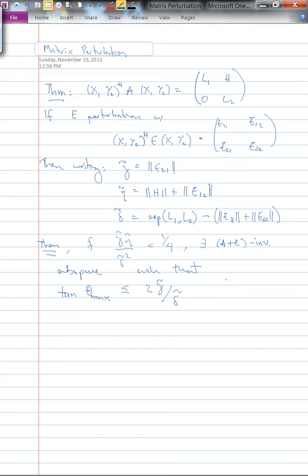In particular, there are a bunch of other things that I didn't write down, such as what actually is the invariant subspace. But this is now just a direct application of the approximation theorem.